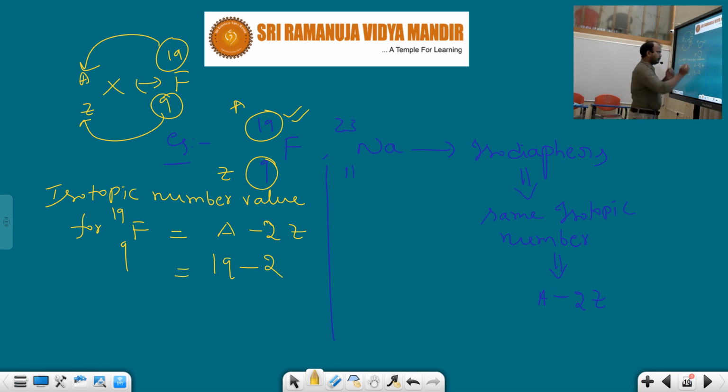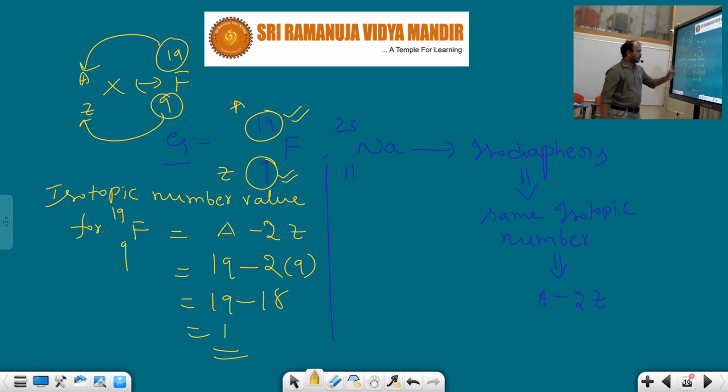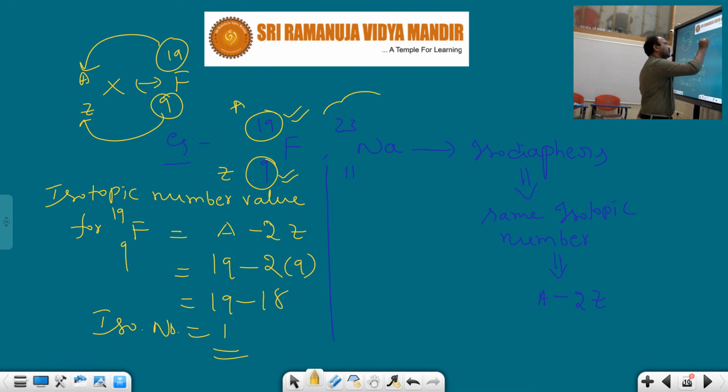Double the atomic number is 18. So 19 minus 18 is 1. So isotopic number value for fluorine 19, 9 is 1.